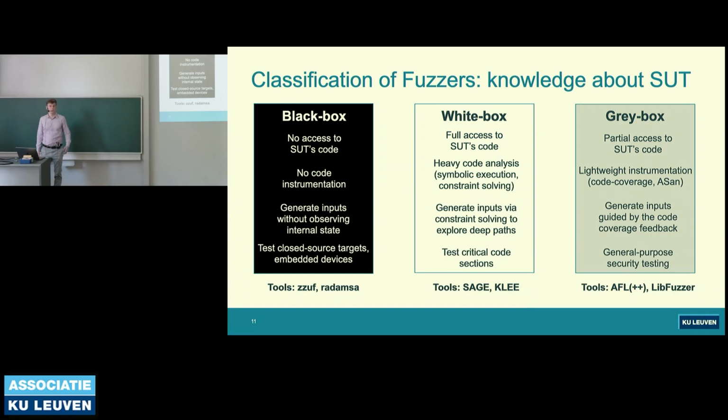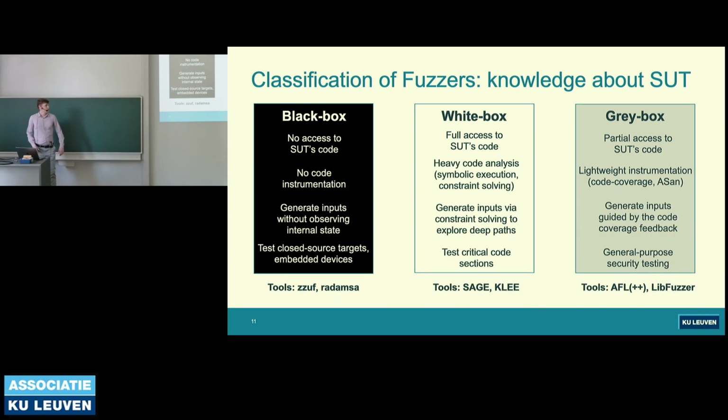For instance, you can add code coverage instrumentation to fetch information about code coverage during the fuzzing process, or you can instrument it using the address sanitizer or memory sanitizer, to make it easier for you to figure out when a memory vulnerability happens.